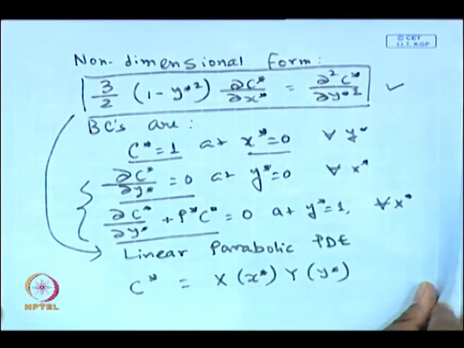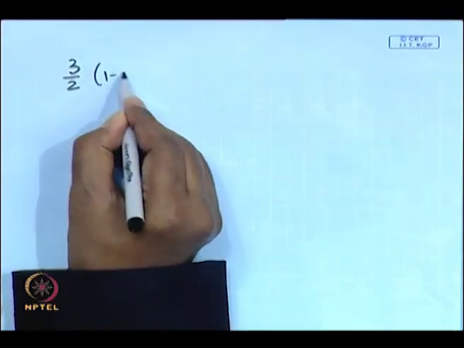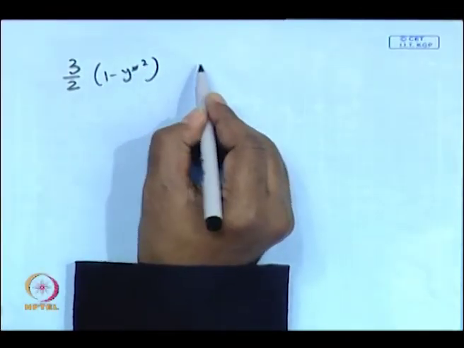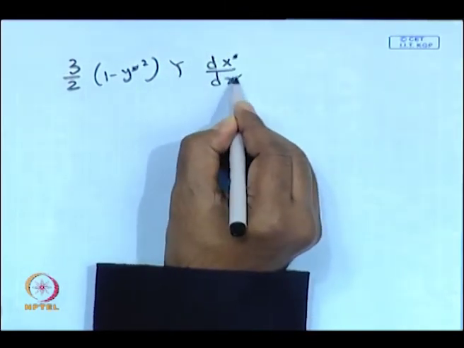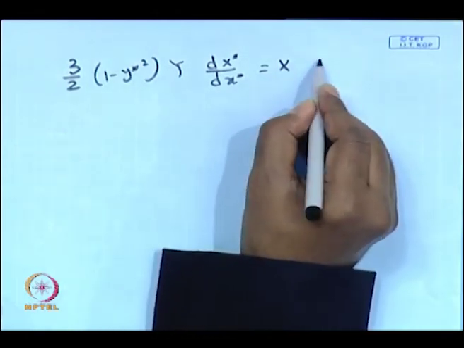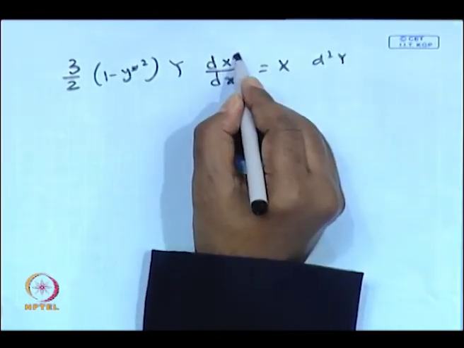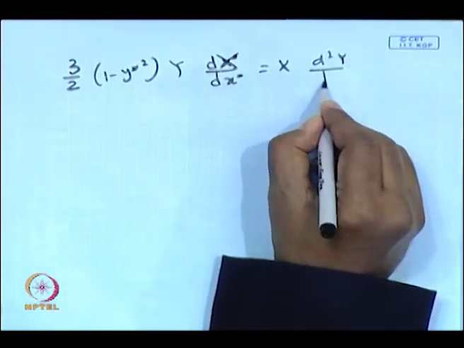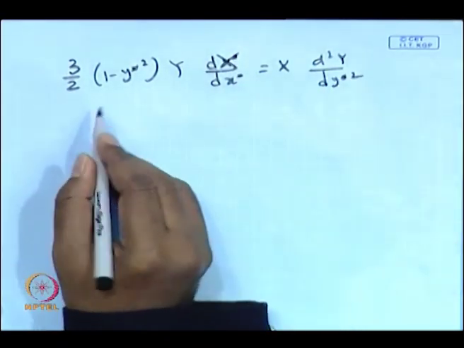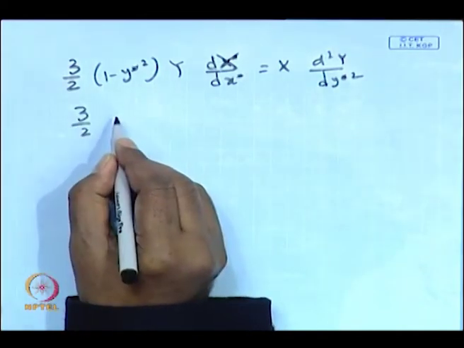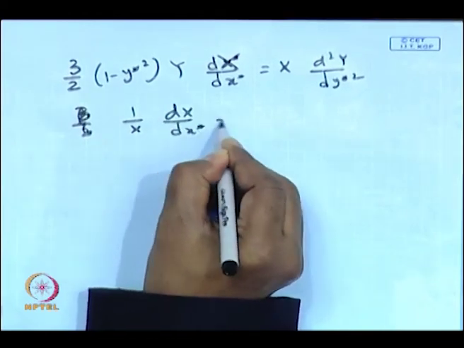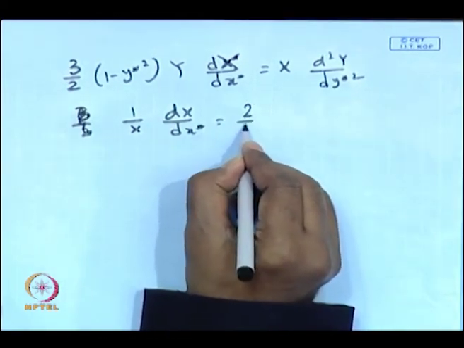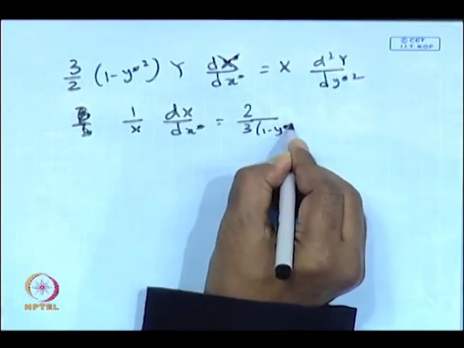Okay. So, if you really do that, this becomes 3 by 2 (1 minus y star square) y times dx by dx star is equal to x times d square y d y star square. Now, you can separate the variables.